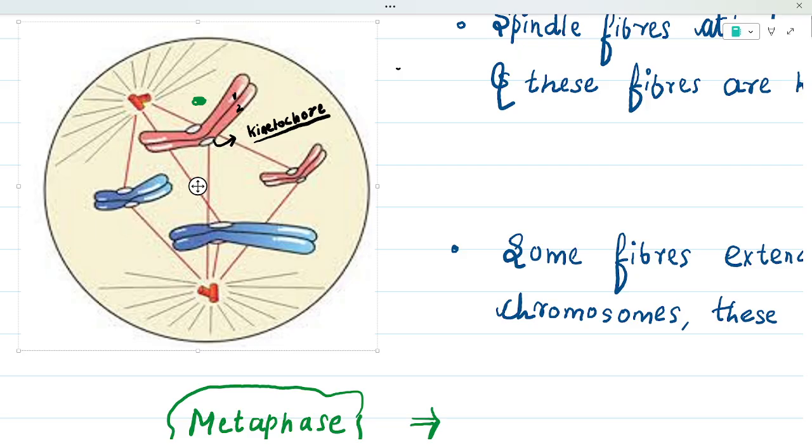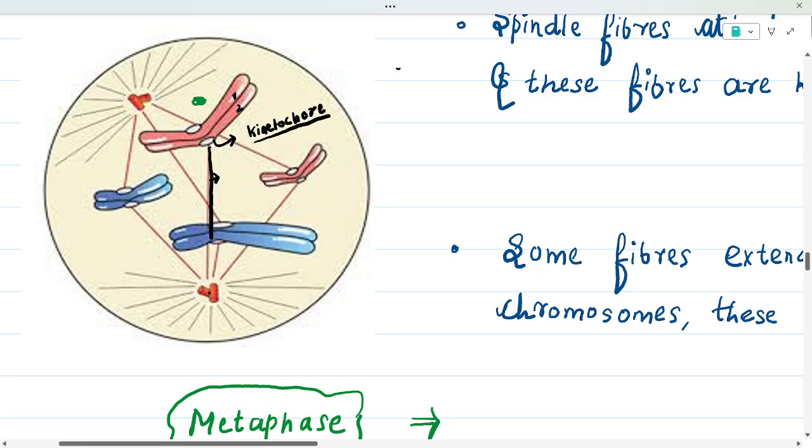From this centrosome, this spindle fiber, and from the opposite pair of centrioles, this spindle fiber. That means per chromosome, two spindle fibers are attached, and these spindle fibers that are attached to the kinetochore of the chromosome are known as discontinuous fibers or kinetochore fibers, and one more name is tractile fibers.